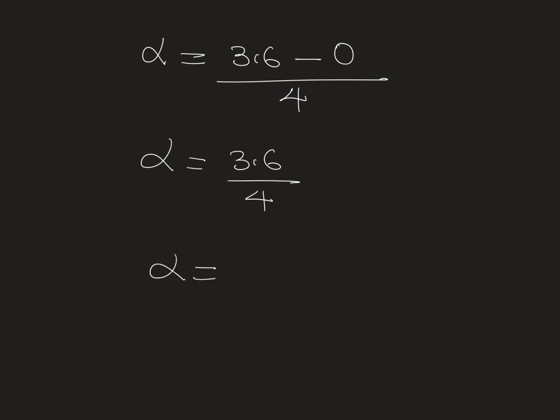Alpha is equal to 0.9 pi radians per second squared. So remember the unit of angular acceleration is radians per second squared, not meters per second squared. Okay, so you have to be careful of that.